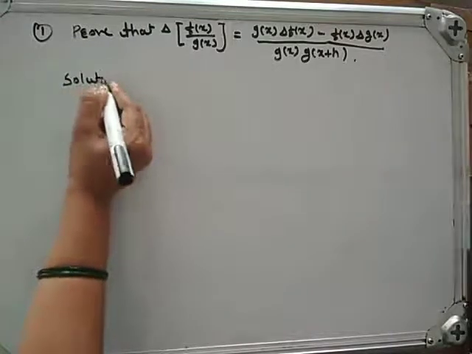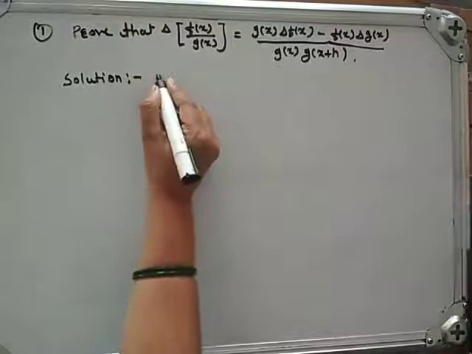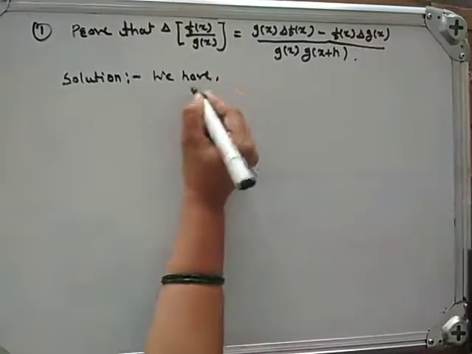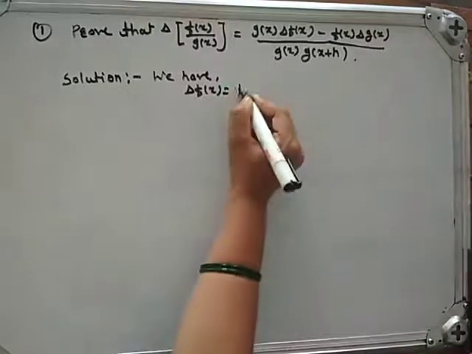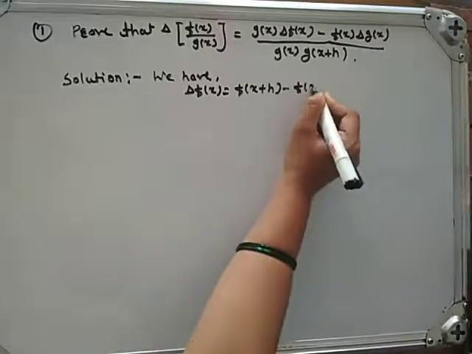Let us see solution of this problem. Solution. We have delta f of x is equal to f of x plus h minus f of x.